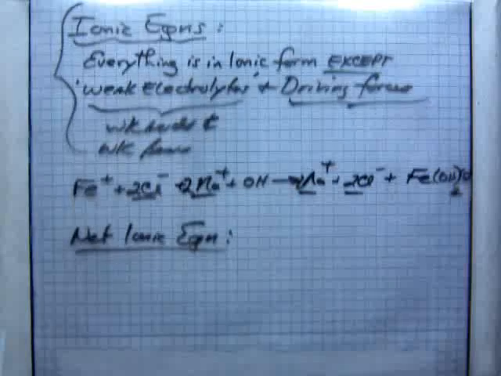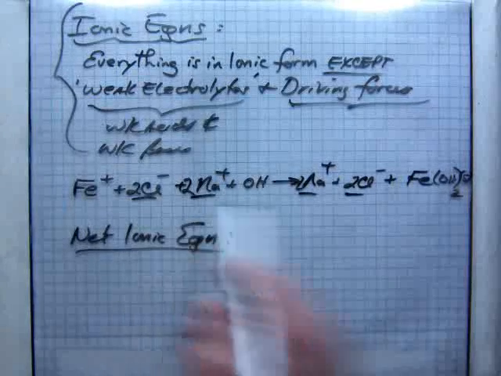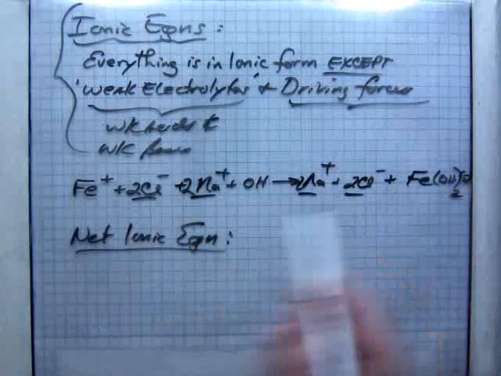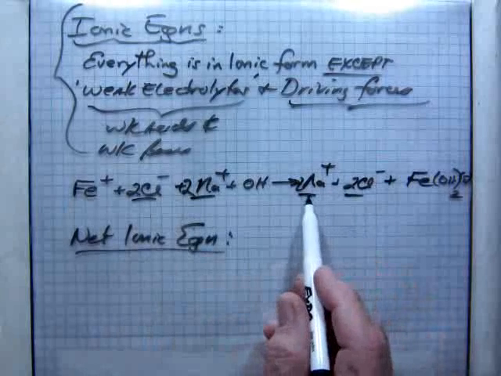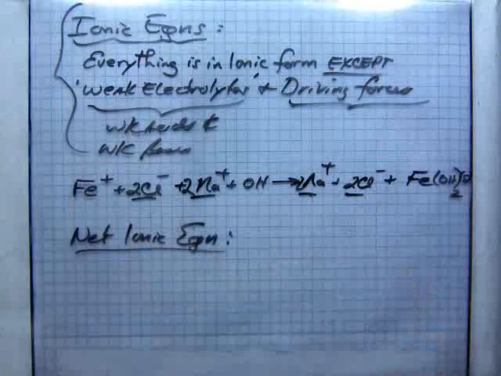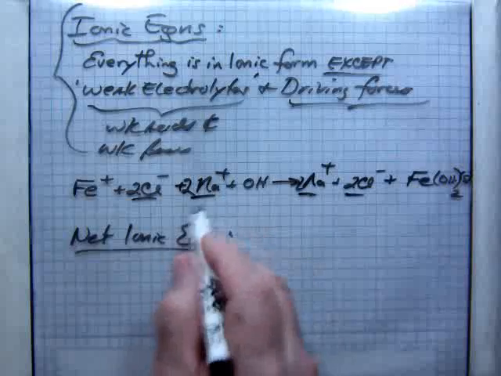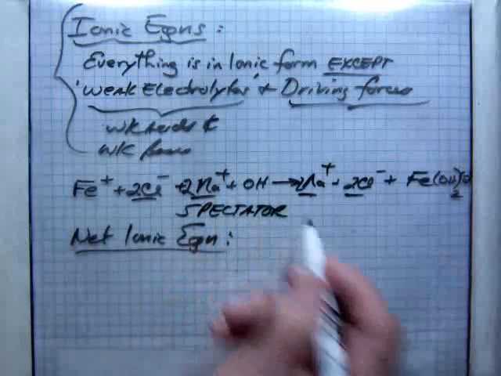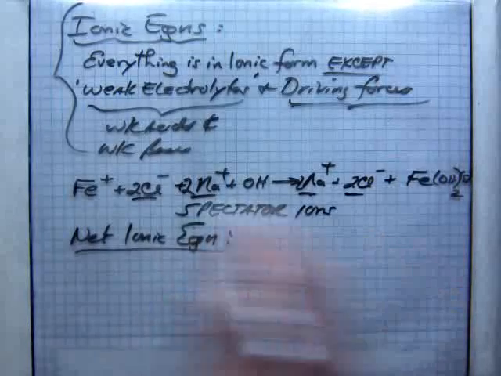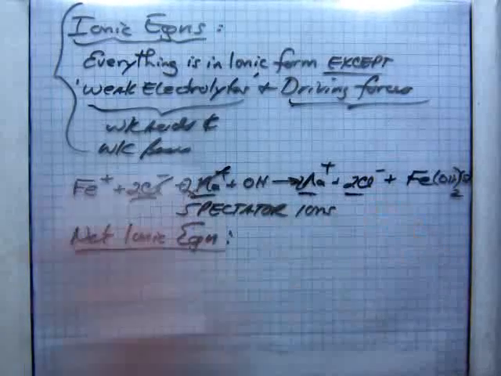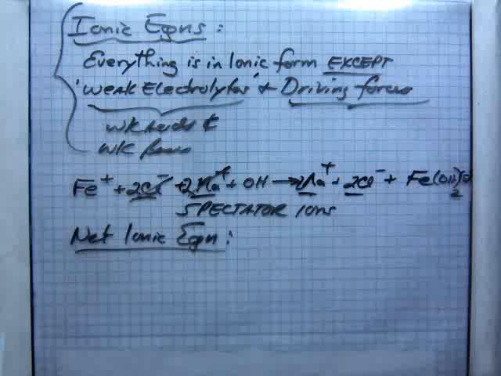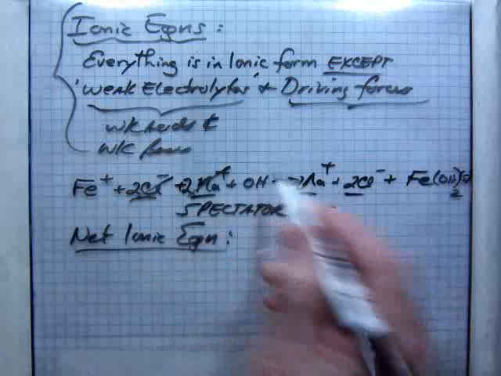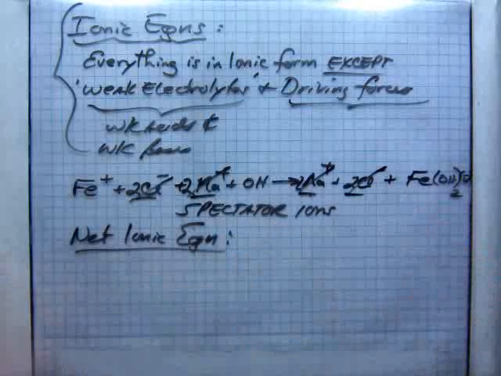Okay. So if you look at the left side and the right side, you see sodium and chloride ions on the left, sodium and chloride ions on the right. Those are called spectator ions. They are important counter ions to carry whatever's reacting in the reaction, but they can be eliminated to show only those components that are reacting.